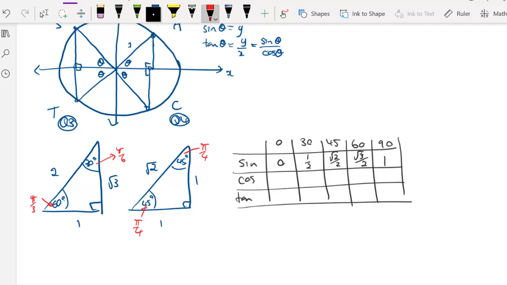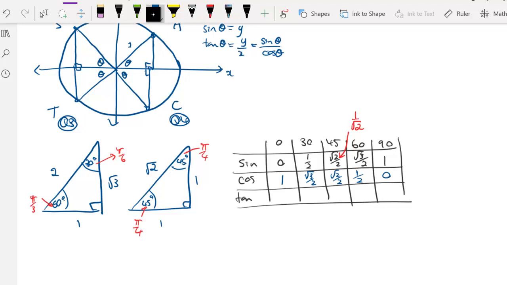Now recall that root 2 on 2 can also be written as 1 on root 2, and that's fine either way. Cos is a reverse of this pattern, so it starts at 1, and we work backwards, root 3 on 2, root 2 on 2, 1 on 2, and 0.